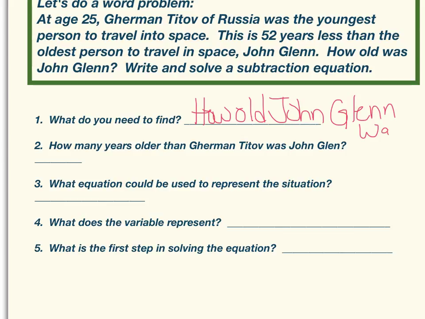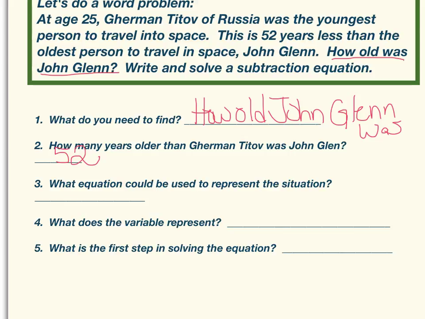That's the question being asked. You can always look and see in the problem how many years older than German Titov was John Glenn. He was 52 years less than the oldest person, so that means that John Glenn was 52 years older than him. What equation could be used to write this situation?